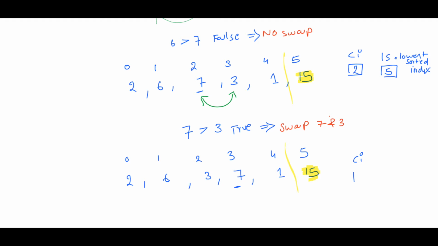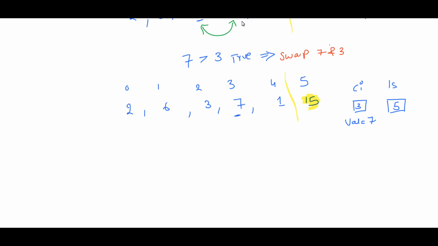Current index would be as usual incremented and would be pointing to position 3. Hey, I forgot to write the value here. 7. Value 7. Our LSI, our lowest sorted index, is pointing to 5.